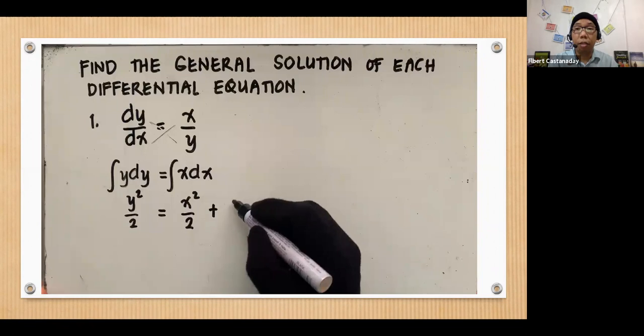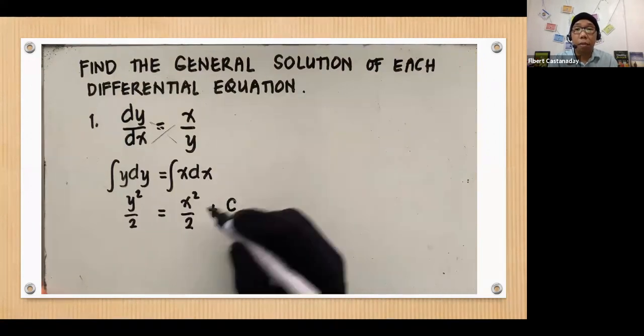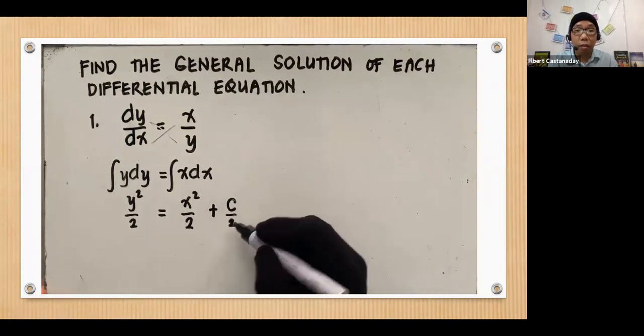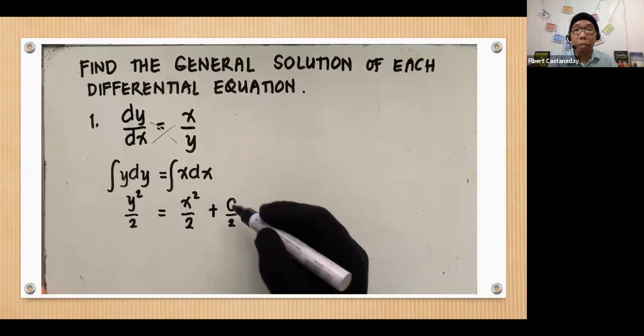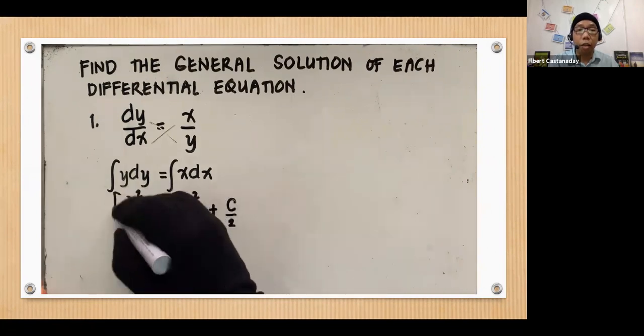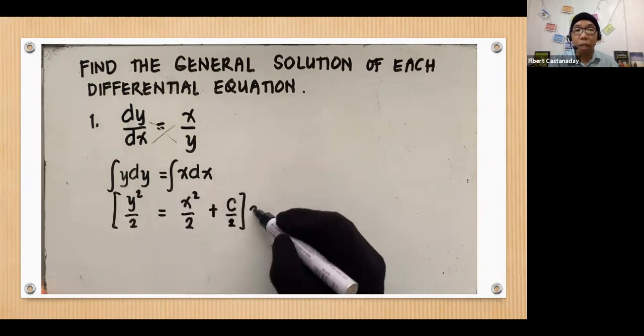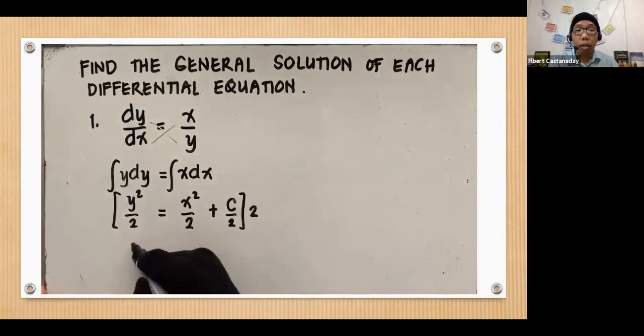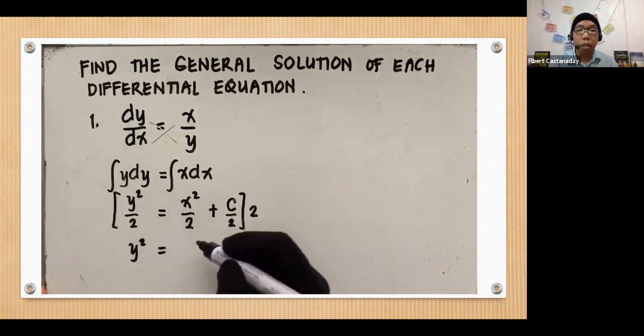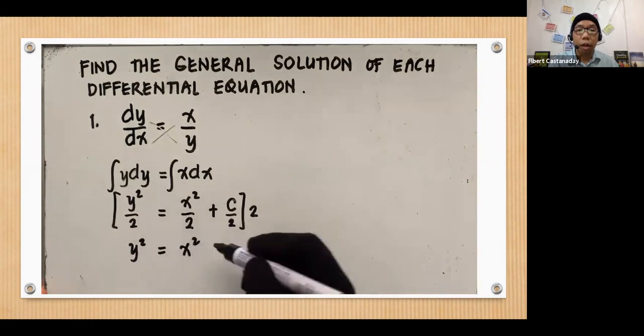Since everything is over 2, to simplify the solution later, let the arbitrary constant be c over 2. Next, multiply both sides by 2 to eliminate the 1/2 in each term. So you have y squared equals x squared plus c.